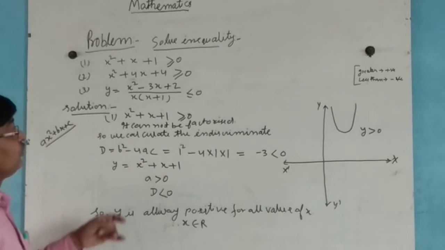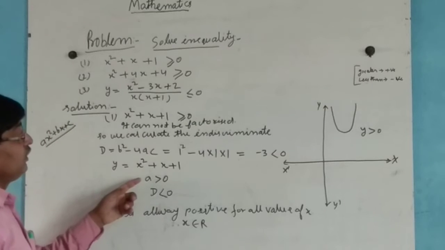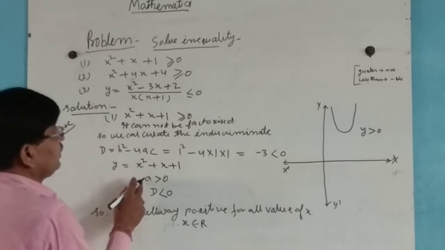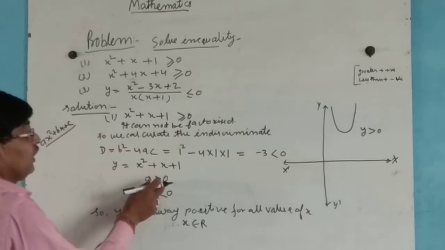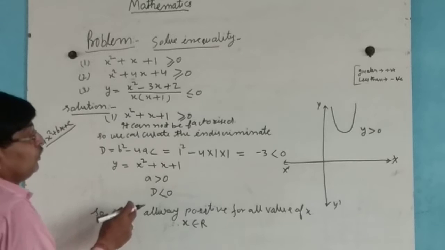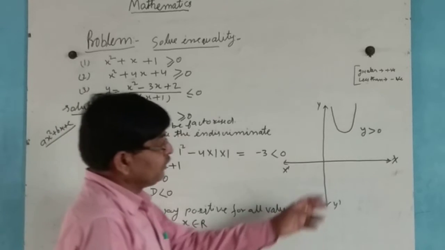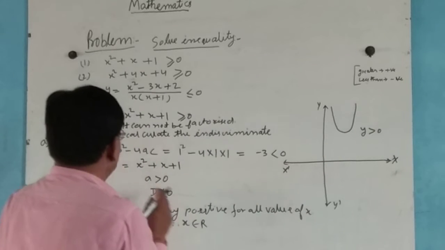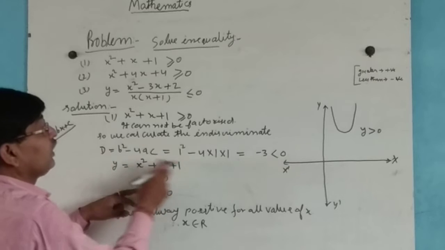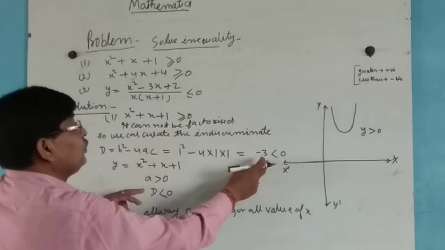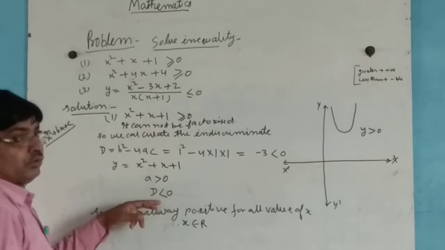Here y = x² + x + 1, and a is the leading coefficient, which is greater than 0, because its mouth is outward. And D, we calculated, is −3, which is less than 0.